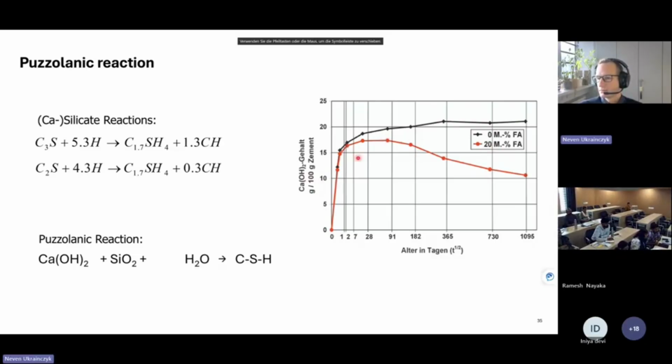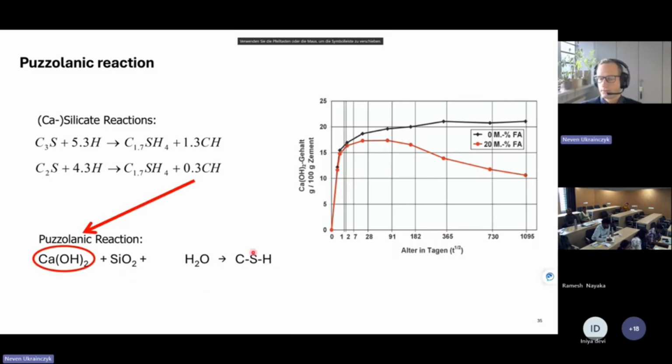being consumed. First it is produced by the Portland cement with these reactions mainly, and then you have a consumption of Portlandite by the Pozzolanic reaction. So you have Portlandite plus silicates, amorphous silica, giving CSH.